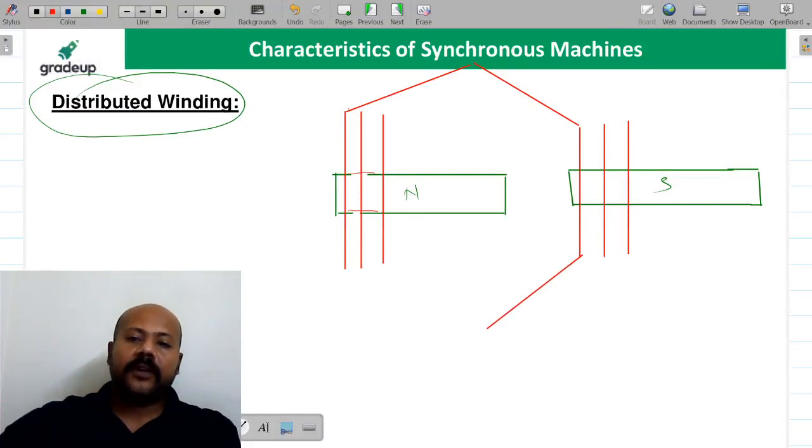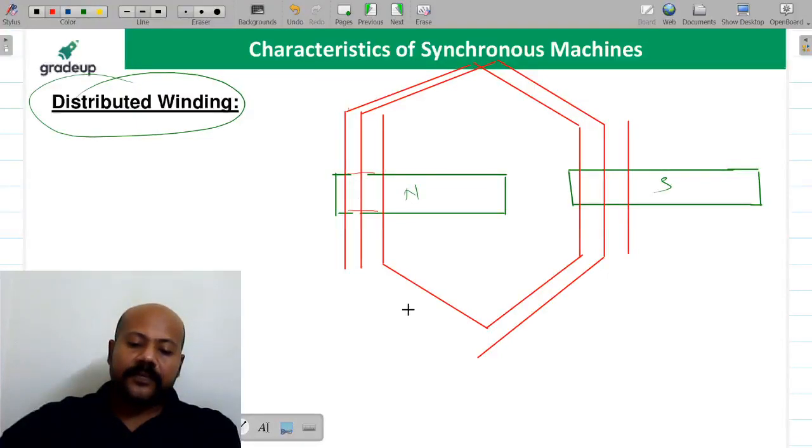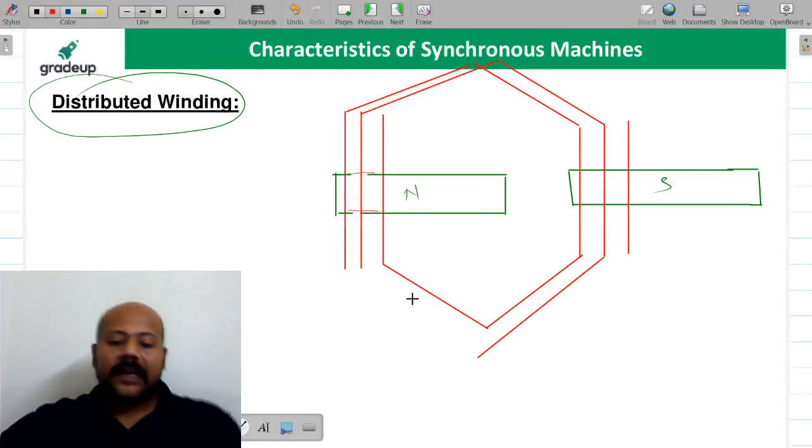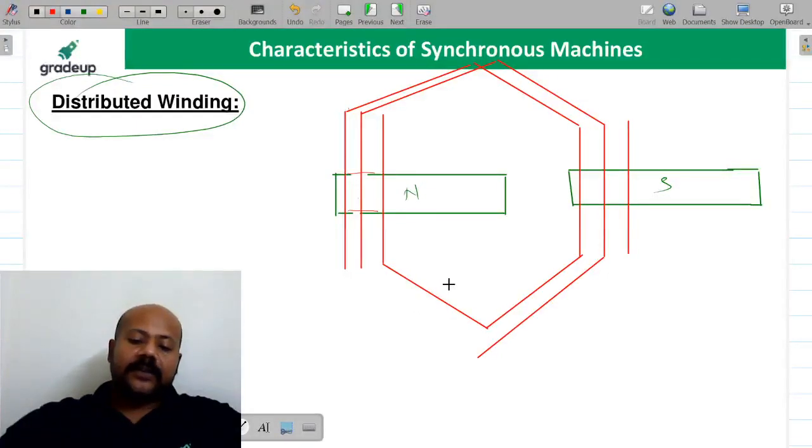This is very important, don't take it lightly. I could have taken a diagram also, but then beta you will not understand how we are constructing these windings. Please try to focus on the diagram. It will not be required in your examination, but definitely it can be asked in the other way.